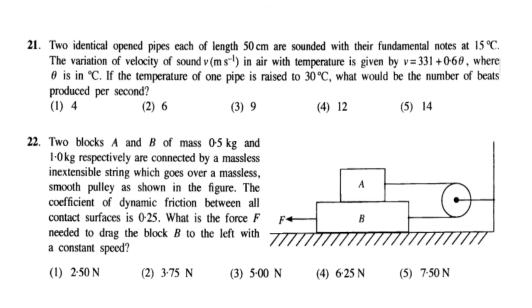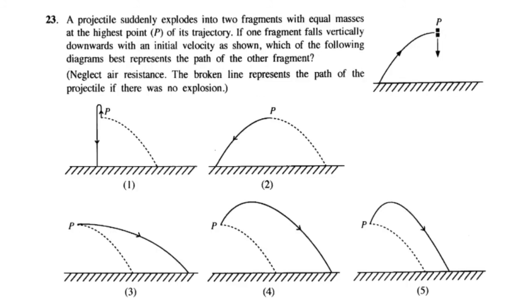So F equal 2T plus Fb, then by substituting the values, answer will become 6.25 Newton. Answer is 4. Question number 23. A projectile suddenly explodes into two fragments with equal masses at the highest point of its trajectory.